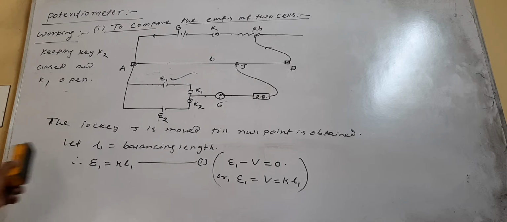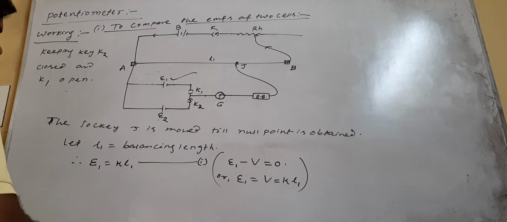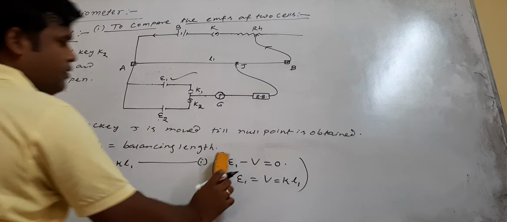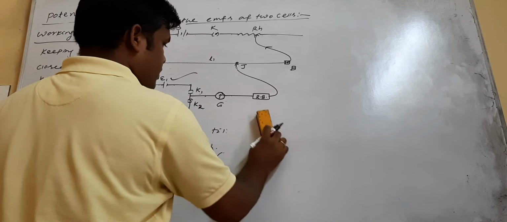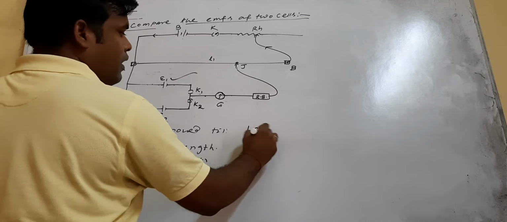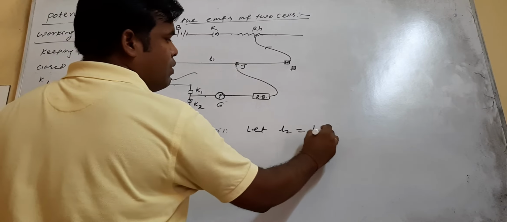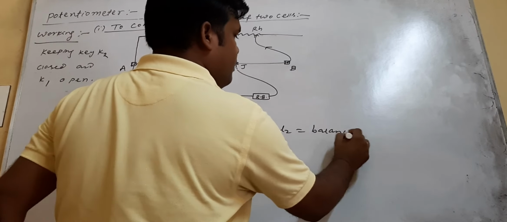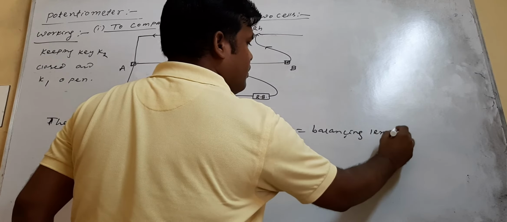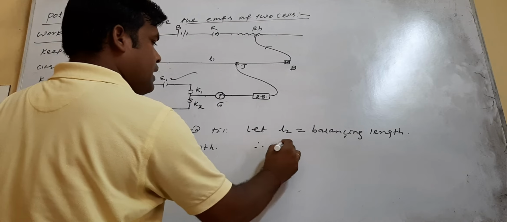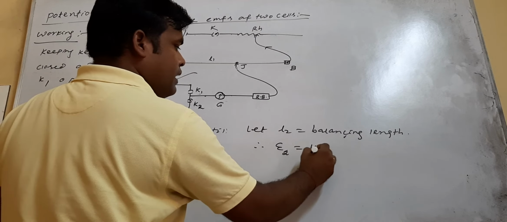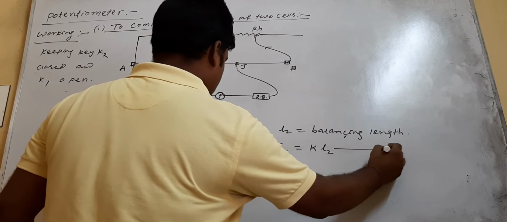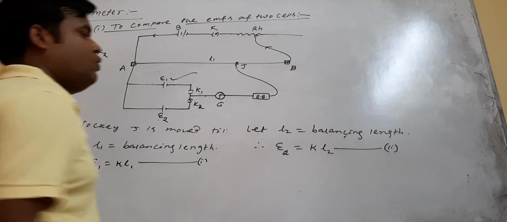The jockey J is moved till the null point is obtained. Let L2 be the balancing length. In the same way, you can explain that E2 is equal to KL2. It is your equation number 2.